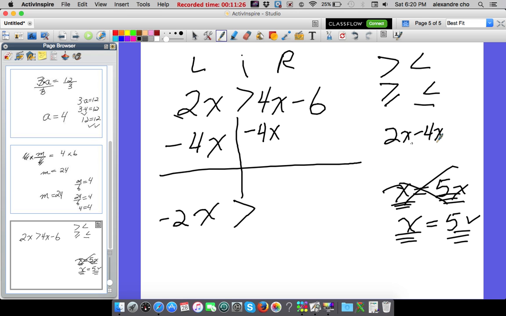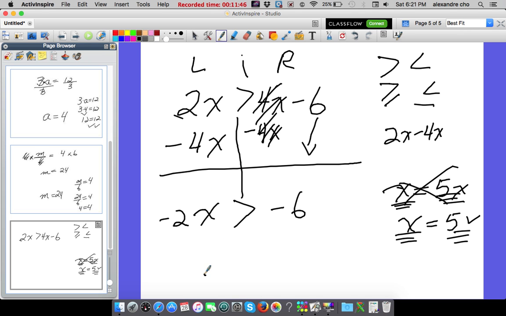Copy the constant, the x stays the same, and just subtract: positive 2 minus 4, which is negative 2. On this side, positive 4x and negative 4x cancel each other out, and this negative 6 comes down. Make sure you bring the 6 along with the sign right before it.